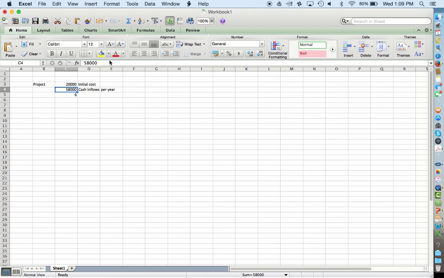We estimate that's not 58,000, it's 5,800, and that's going to occur for 6 years. And then we have a 15% discount rate. That's going to be the rate that we use to bring the cash flows to the present value.